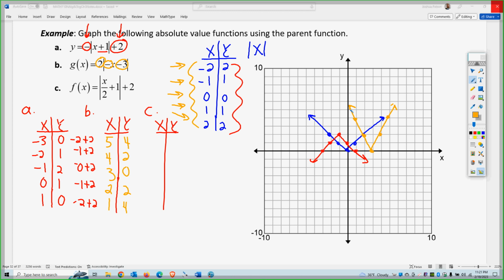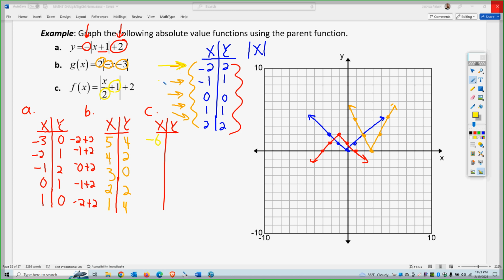Okay, let me get another color here. How about that color? That's good, I guess. All right, so for the next piece, we have a translation left 1 first. So I'm going to change the x value by -1 first, and then I'm going to multiply by 2 for the stretch. If I take this first value and subtract 1, I get -3 times 2 is -6.